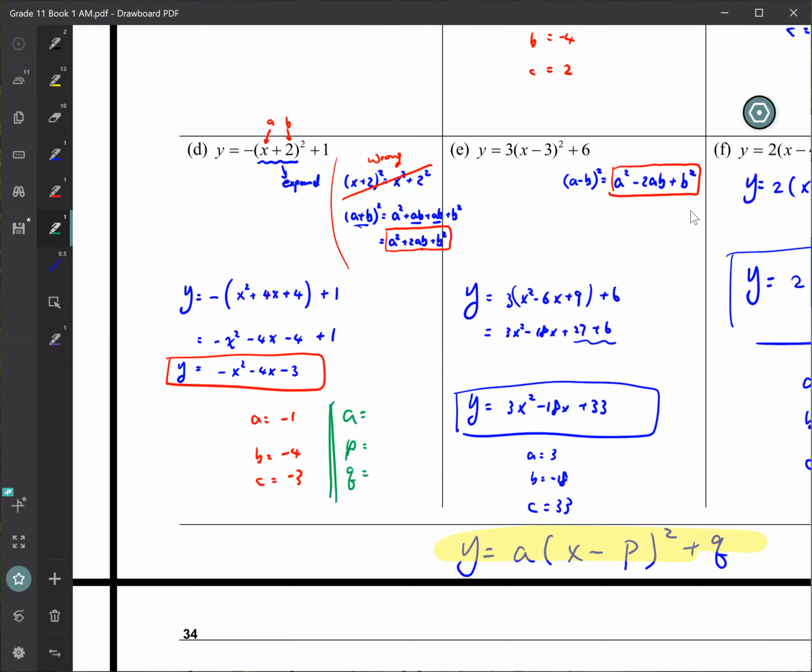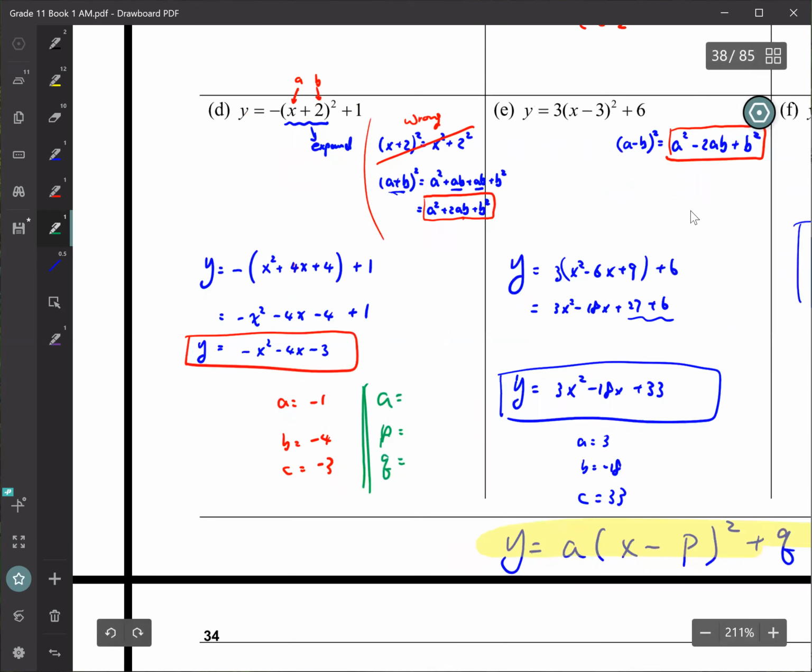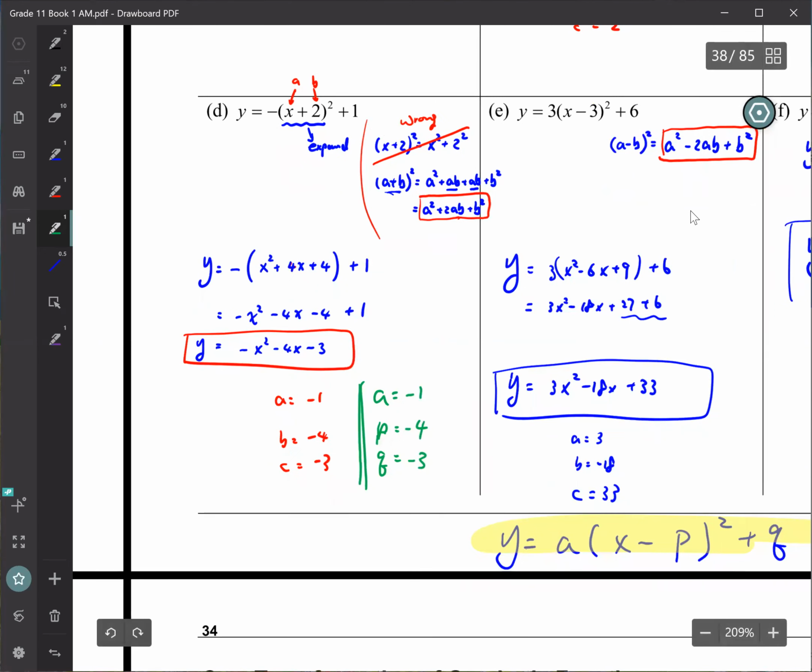All right, so let's try. So Nathan, what do you think? What's the a, p, q for question D? A is -1, p is -4, and q is -3. Yeah. Okay. We need to look at the one that has brackets, right? Because a, p, q is the form that's in brackets. If you say -1, -4, -3, I think you are looking at the general form, okay? Let me highlight that.